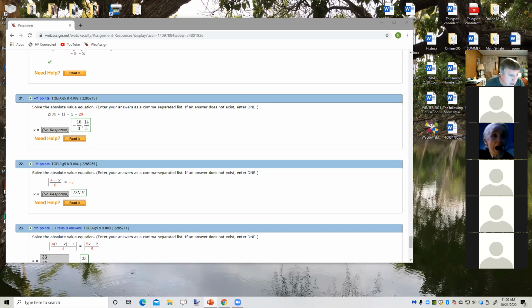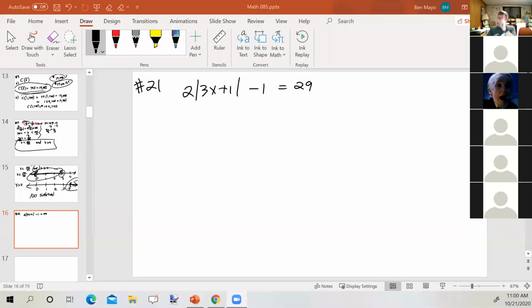So we've got 2 times the absolute value of 3x plus 1 minus 1 equals 29. Okay. So I want to isolate the single absolute value. So I'm going to add 1 to both sides.